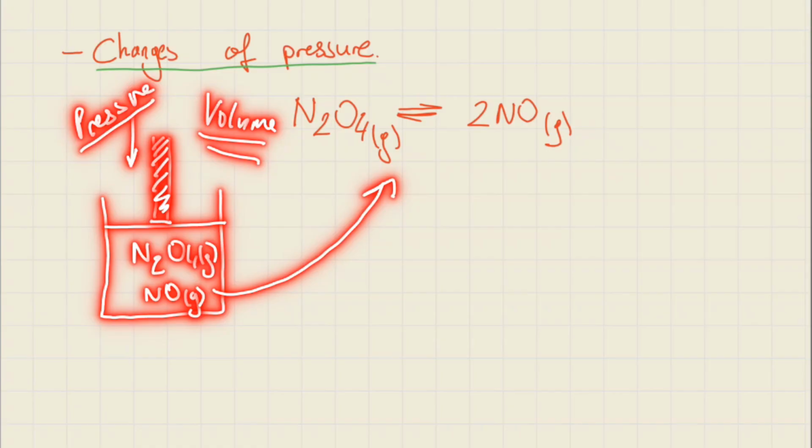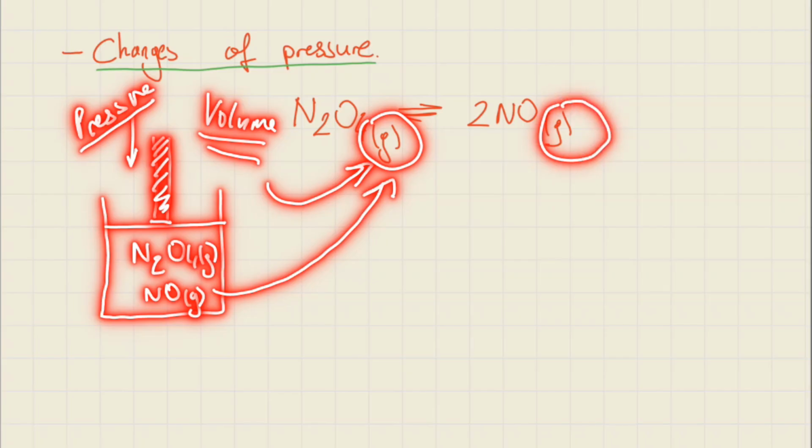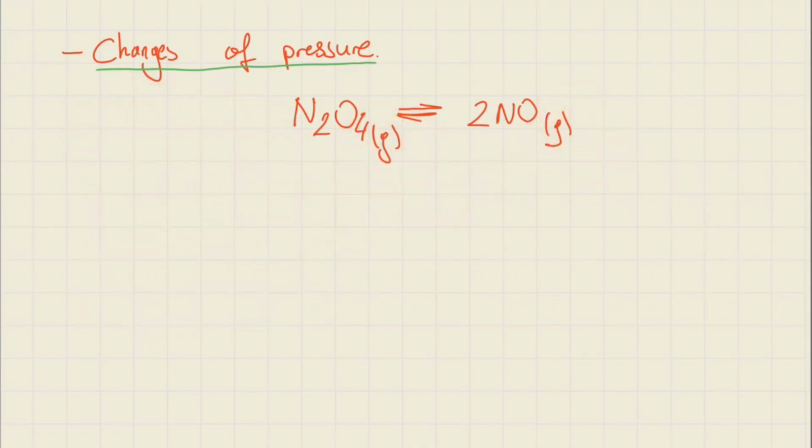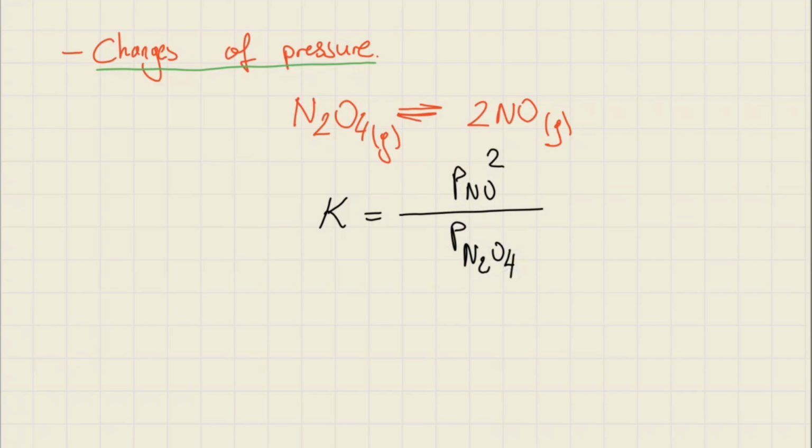It is a gas phase reaction, and we definitely affect the gas pressure by compressing it. So firstly, we have to consider the equilibrium expression, K, and we can write it: partial pressure of NO2 squared over partial pressure of N2O4, right?